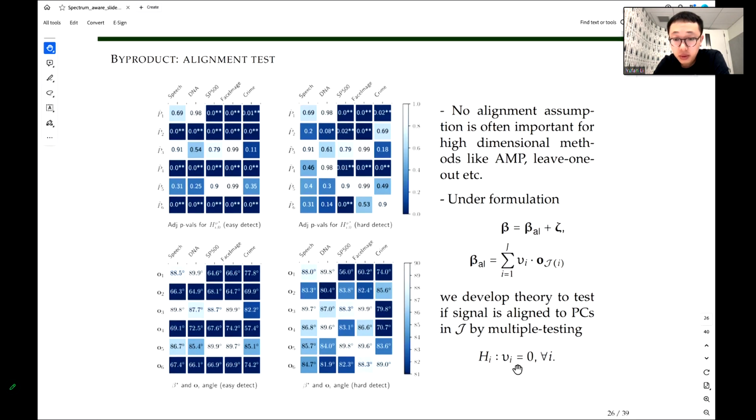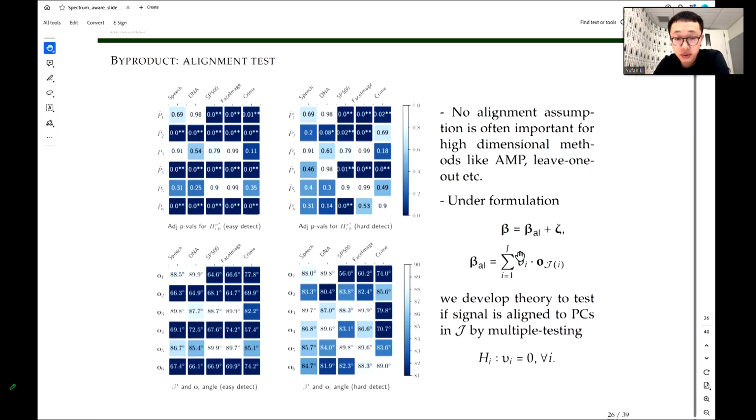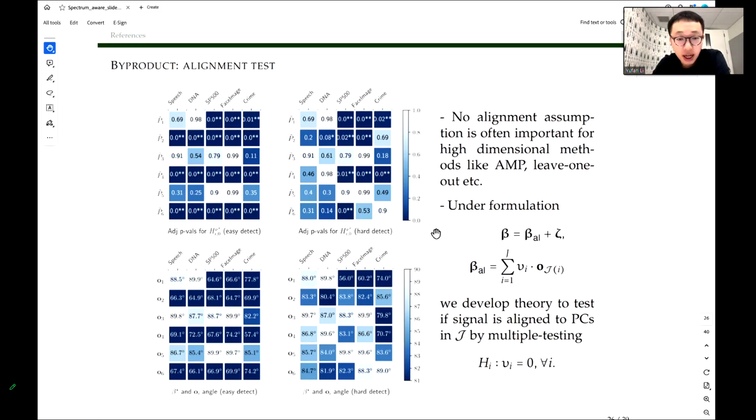So we developed the theory to formulate the test, and you can observe the result here. Basically, the true angles between the signal and the principal components are on the bottom, and you can see that it effectively captures the aligned PCs.